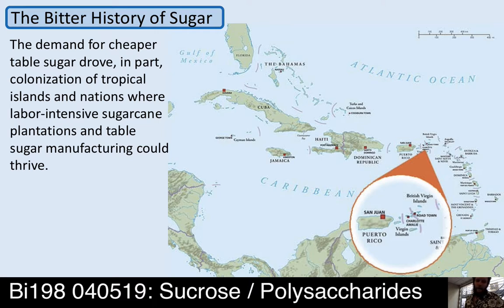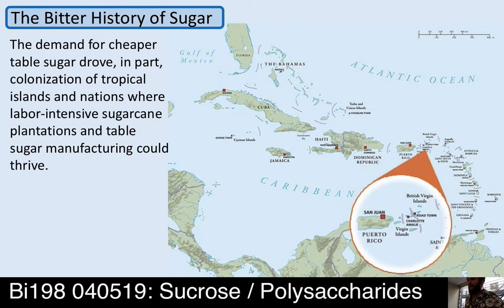So the desire for sweetness was one of the real underlying drivers of the slave trade. The colonial powers came into the Caribbean because these tropical islands were a really ideal place for growing sugar cane.